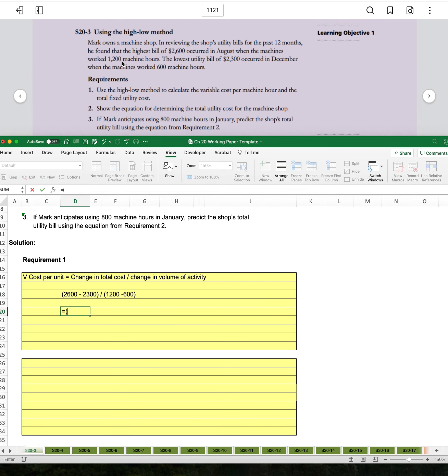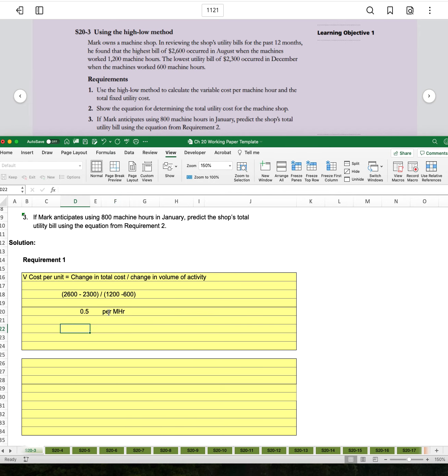And so (2,600 minus 2,300) divided by (1,200 minus 600) gives us 0.5 per machine hour.